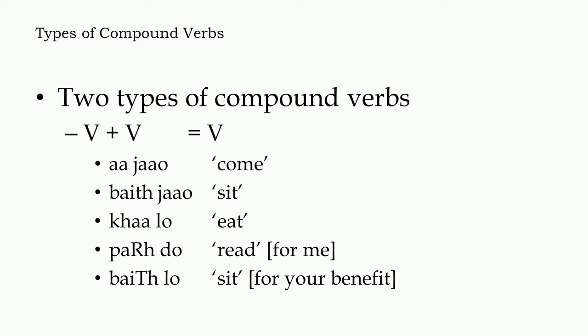These are the imperative forms of the verbs. So, we do not see any change in the V1. The V1 comes as the stem, after removing the infinitive marker, whereas the V2 carries all inflections, in these cases imperative markers.